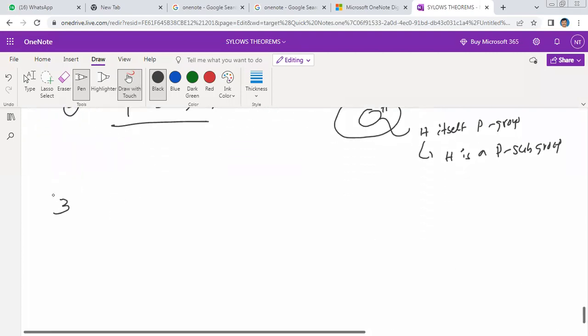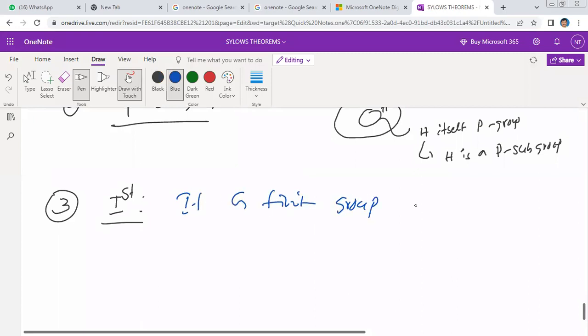Next, the most important thing is Sylow's first theorem. Here we have three theorems: Sylow's first theorem, second theorem, and third theorem. Sylow's first theorem says that if G is a finite group and the order of G... before that, one more thing: what is a Sylow P subgroup?